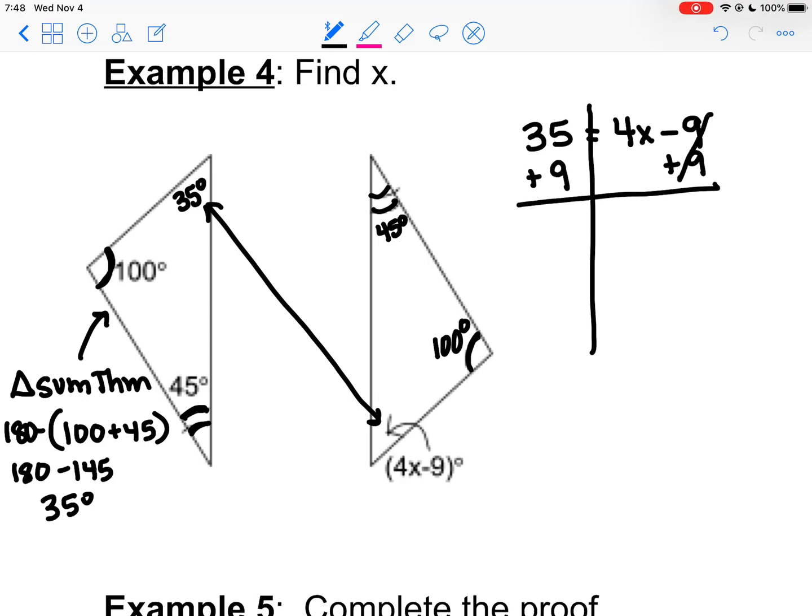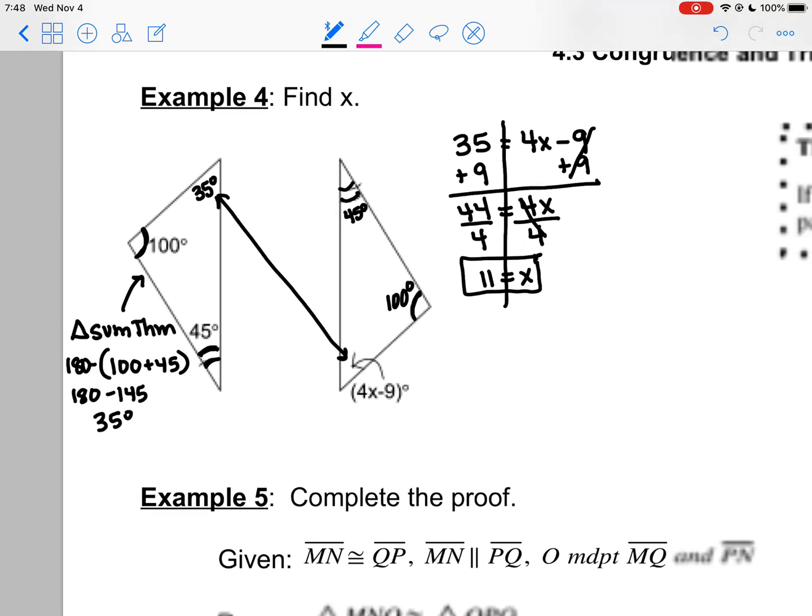So 35 plus 9 is going to be 44. So that says 44 equals 4x. So to get the x by itself, I divide by 4, and I find that x equals 11. So the value of x that's going to make those two third angles congruent is 11.